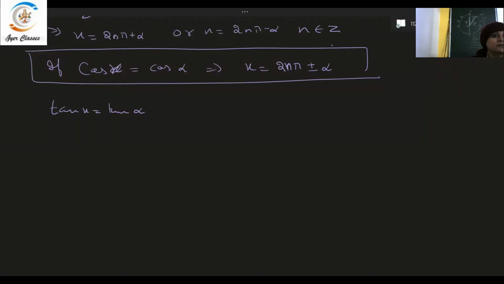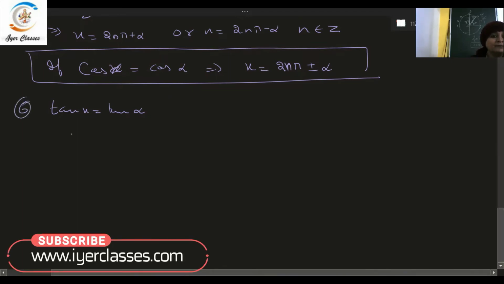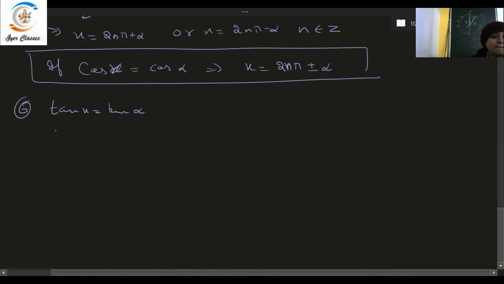If you have this kind of things, in that case, how will you do this? Tan x is equal to tan alpha. This is the sixth one. So you will have this as, say, tan x minus tan alpha, that is equal to 0.